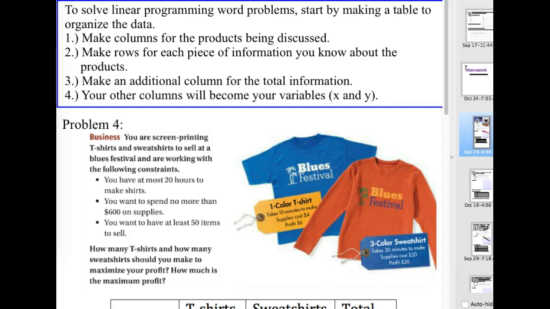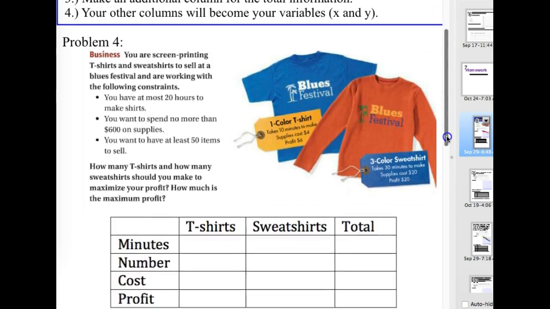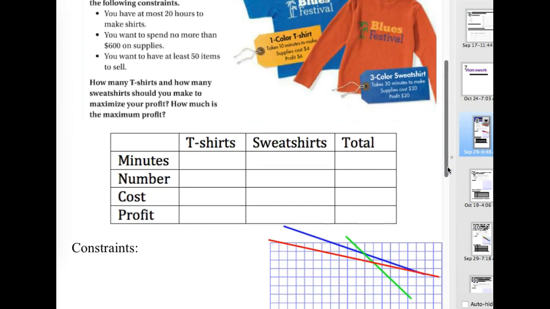The things that they're telling you information about, like how much material is required to make a table, how much time is required, that type of thing, those are going to be your row headings. Okay? Then you'll also want one column at the end for your total. So you're basically going to set up a chart like this.